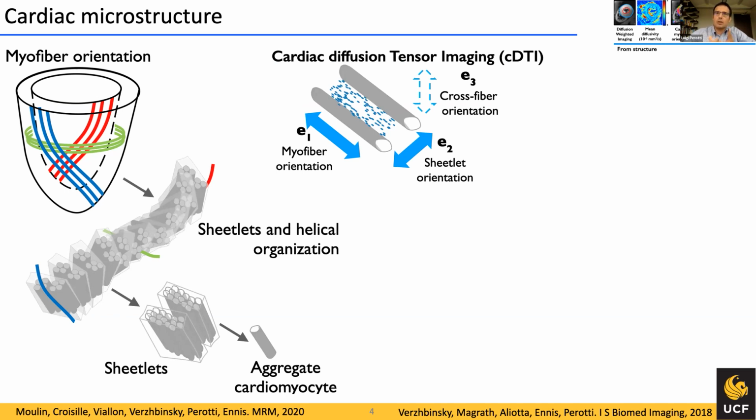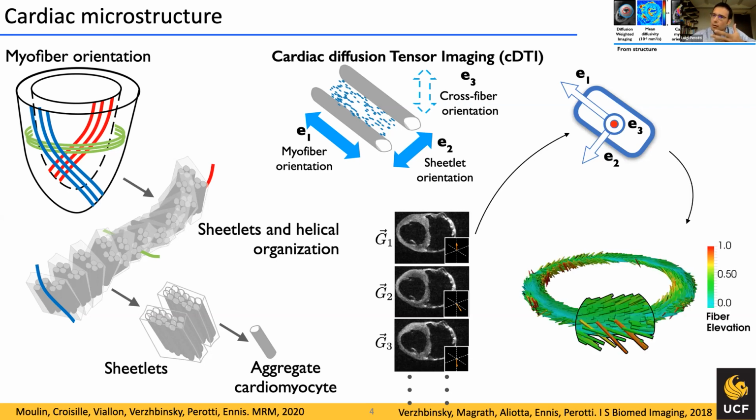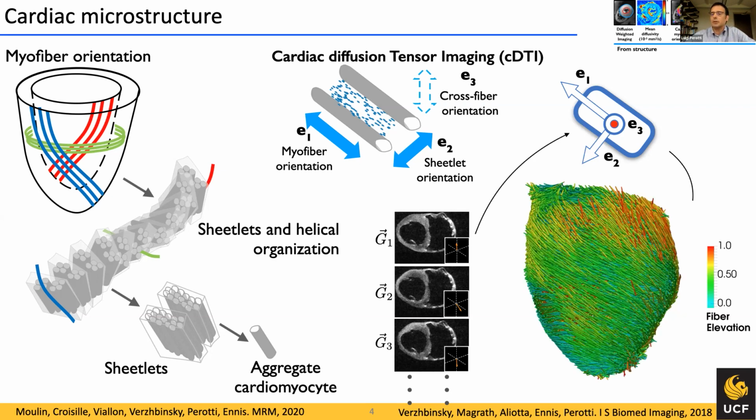So we can measure the diffusion of water molecules along several directions, compose this information to derive a diffusion tensor, and look at the eigenvectors of this diffusion tensor to represent the aggregate cardiomyocyte direction at each slice where we acquire this data. Then we can compose this data to get a representation of the microstructure for the full left ventricle.